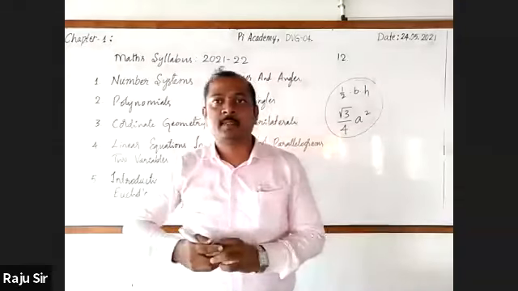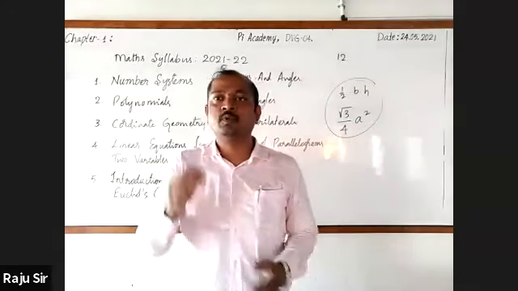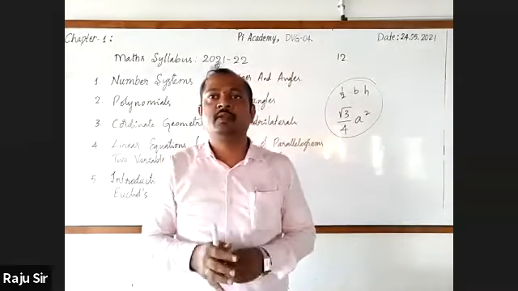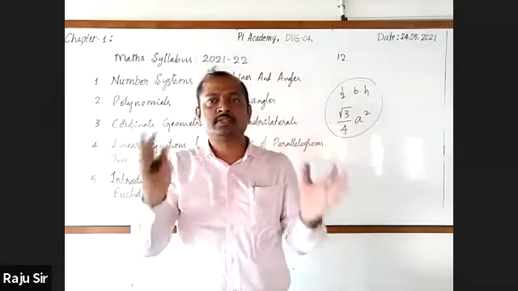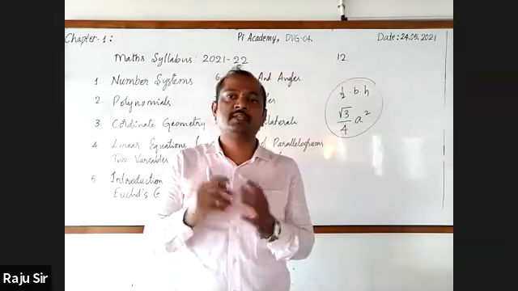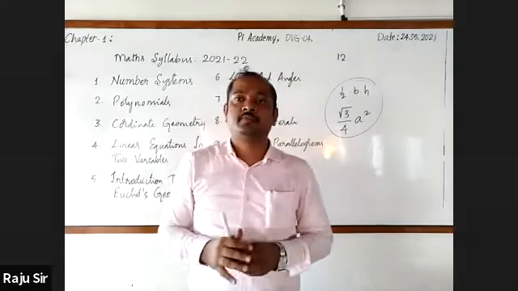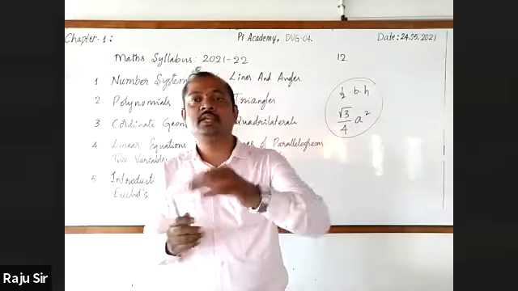Dear students, one of the mathematicians who introduced the formula to find out area of a triangle when all 3 sides are known is Heron, and he is also called Hero.